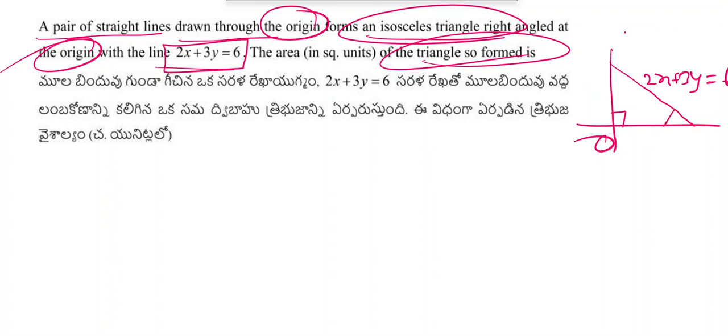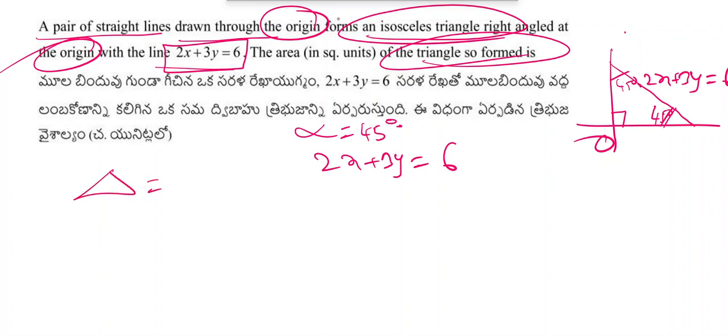This is the right angle. Isosceles right angle triangle means this angle is 45 degrees, this is also 45 degrees. Here alpha is 45 degrees and the line is given, that is 2x plus 3y is equal to 6. Area of the triangle delta is equal to, this is the formula, c square by tan square alpha into a square plus b square.